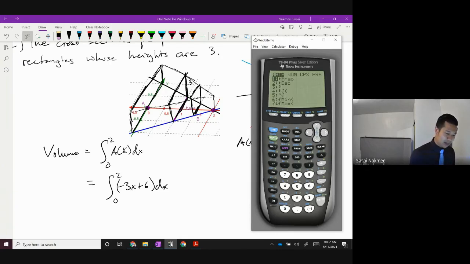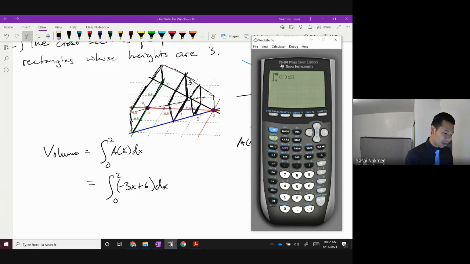Press math, and you go down to option 9. Your calculator can calculate definite integrals and evaluate derivatives for you at specific values. So if you're on the calculator section, take advantage of that. I doubt that they give you a function this easy on a calculator section. If they have a function like this, it's usually on the non-calculator section because you can do it by hand. But still, it doesn't hurt to practice.